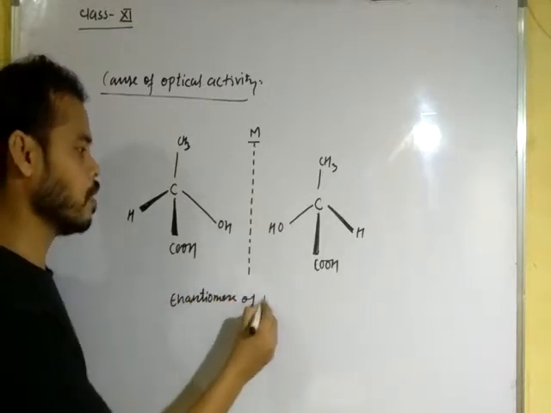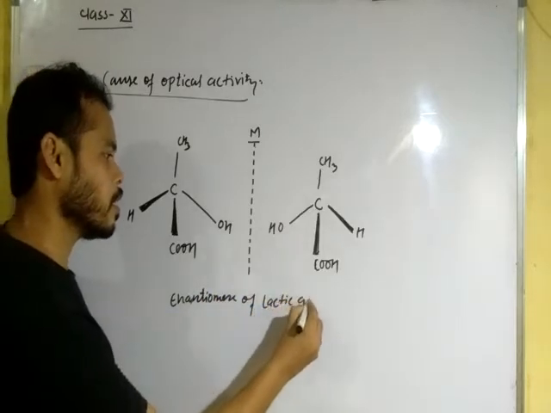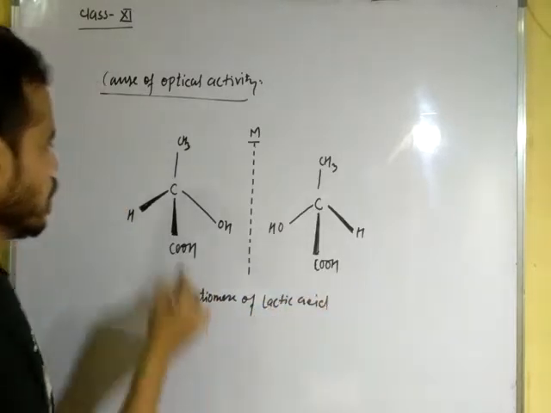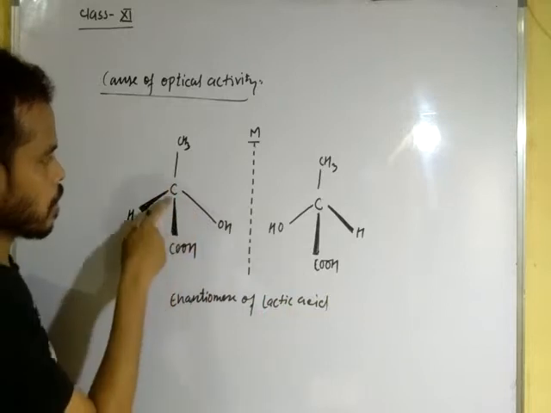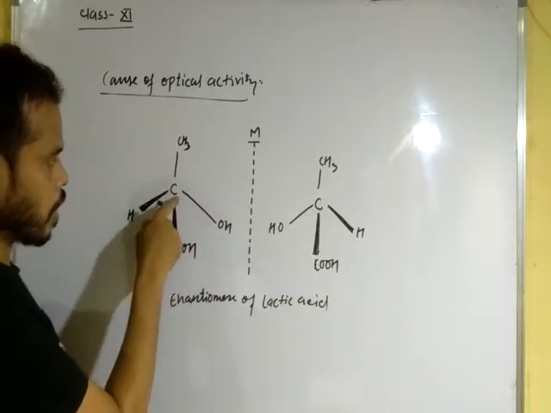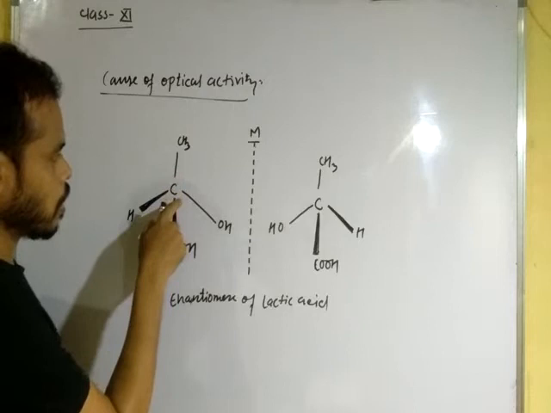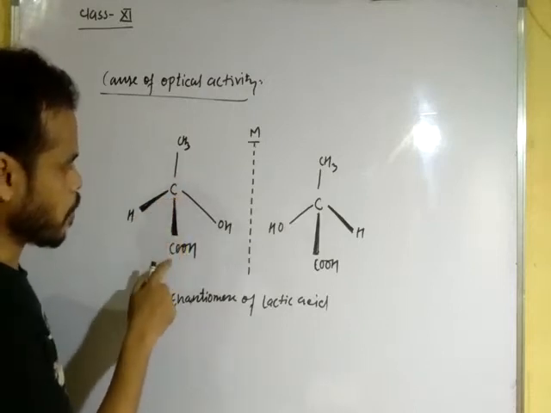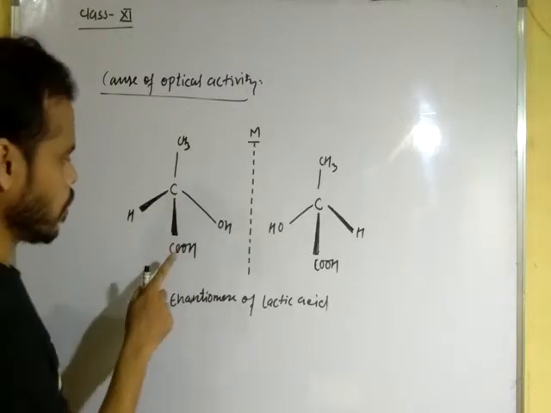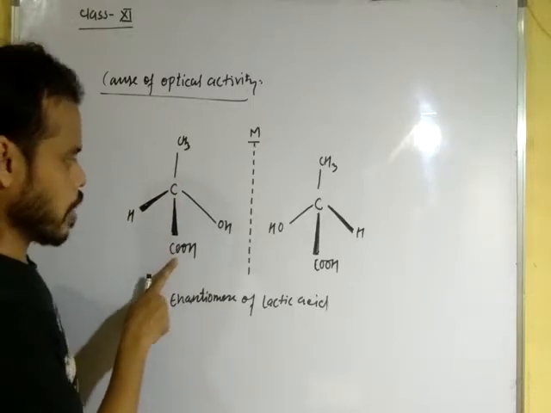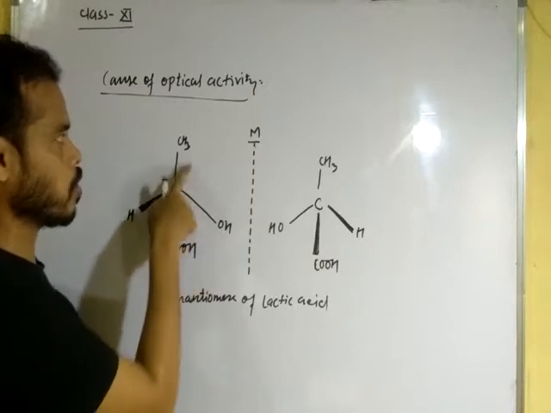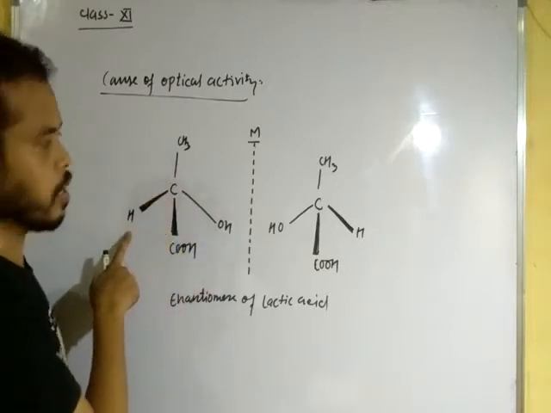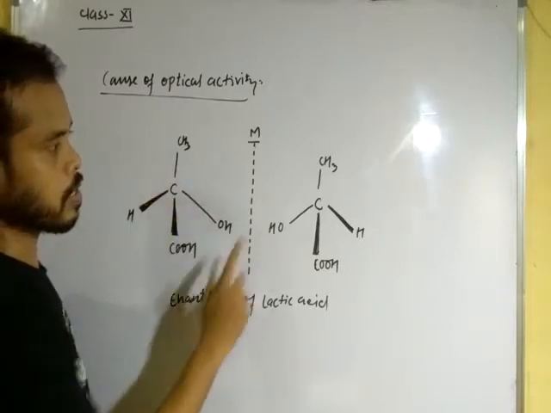Enantiomers of lactic acid. You can see here this is a chiral carbon because the four valencies of the carbon are satisfied by different groups and atoms: here the acid group, hydroxy group, methyl group, and hydrogen.